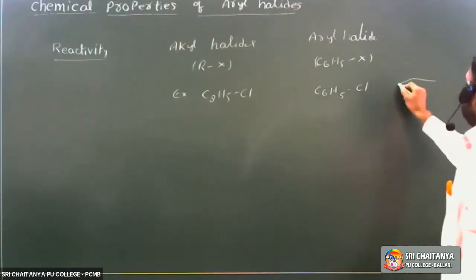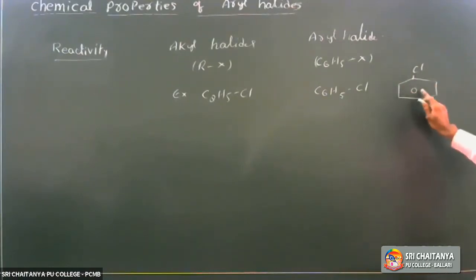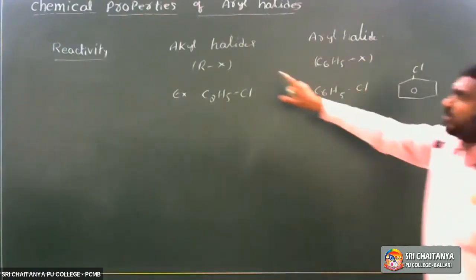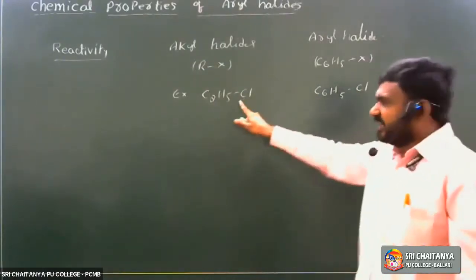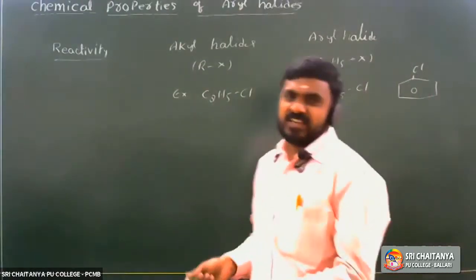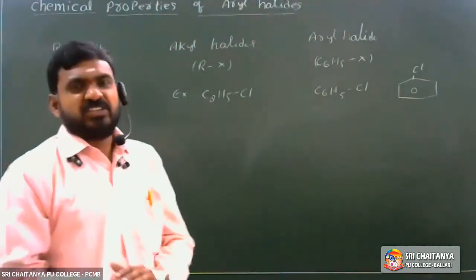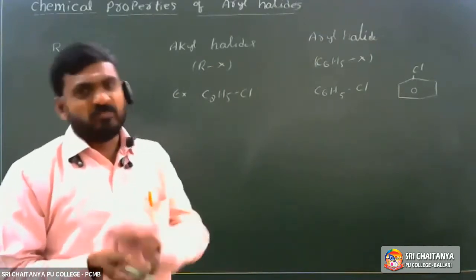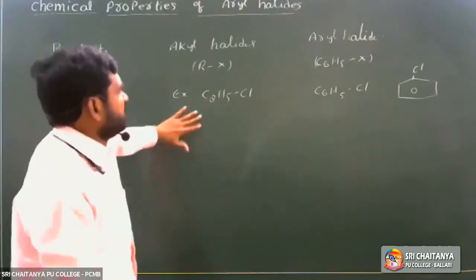The benzene ring is a phenyl group, C6H5, where one hydrogen in the benzene is replaced by Cl. We know the properties of ethyl chloride: it reacts with aqueous NaOH, alcoholic KOH, KCN, AgCN, AgNO2 and KNO2. These are all nucleophilic substitution reactions.